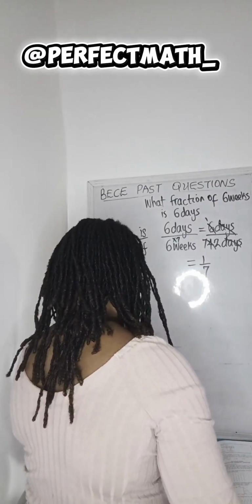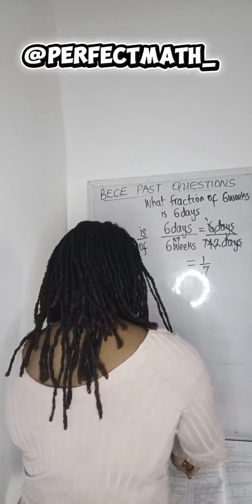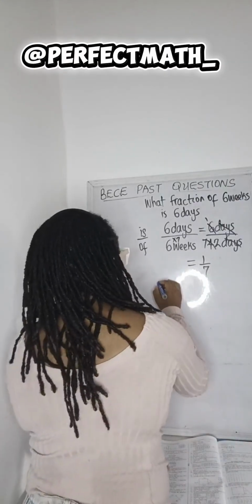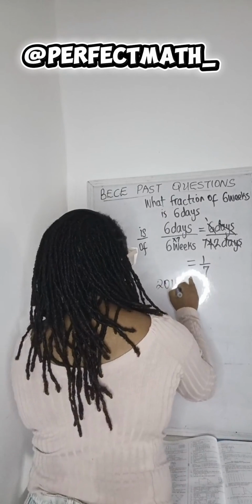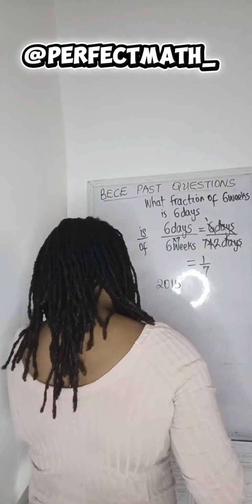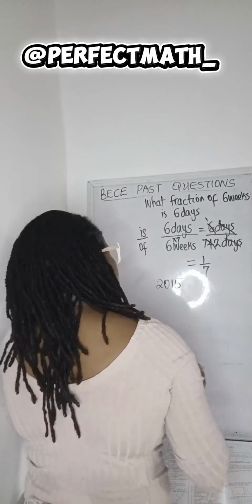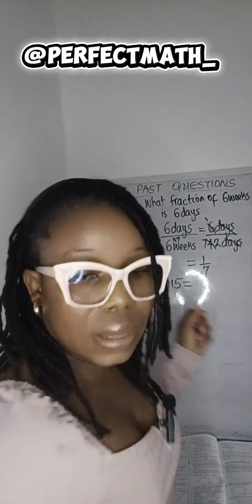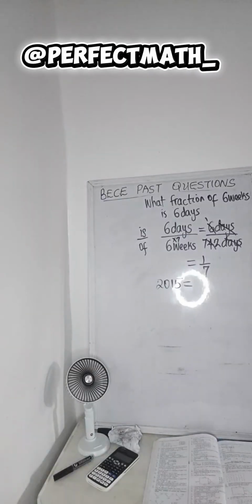Okay, so we need to write 2015 in Roman numerals. First thing you would do is to break it down, expand it.